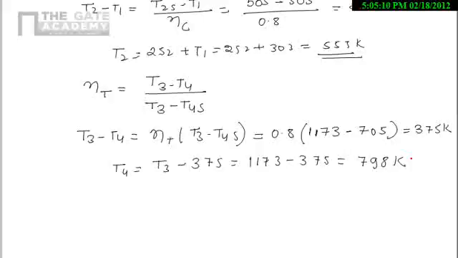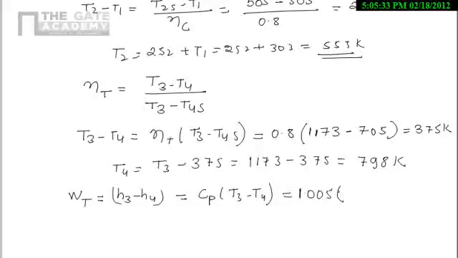So now let's calculate the turbine work and compressor work. Turbine work is nothing but H3 minus H4. In terms of Cp, we can calculate by Cp (T3 minus T4), and Cp for the gas we are having 1.005. T3 minus T4 we have already calculated, that is 375.